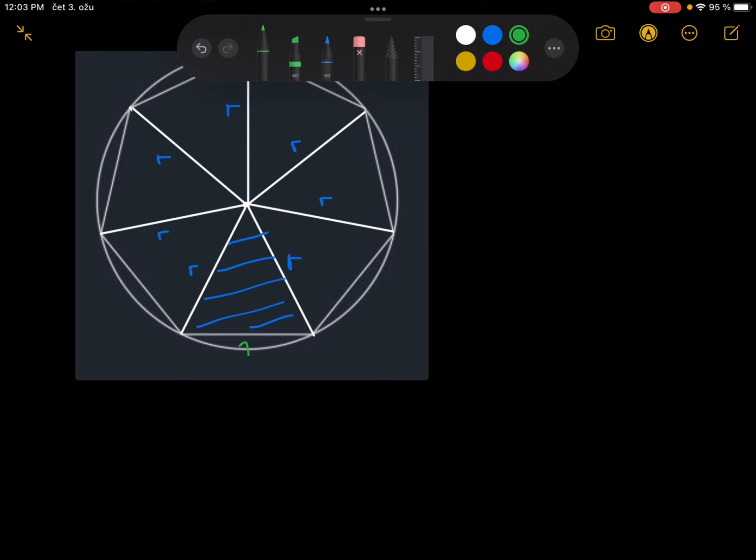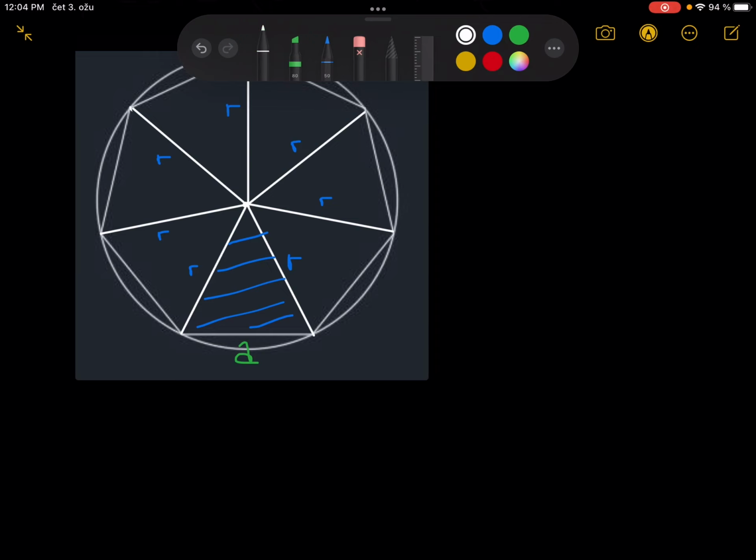So we'll call this side of our triangle a, and we'll go ahead and remark that we can express a as a function of r.